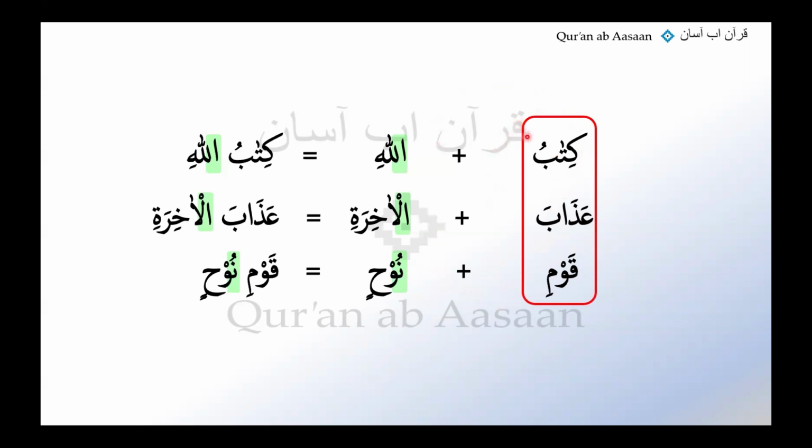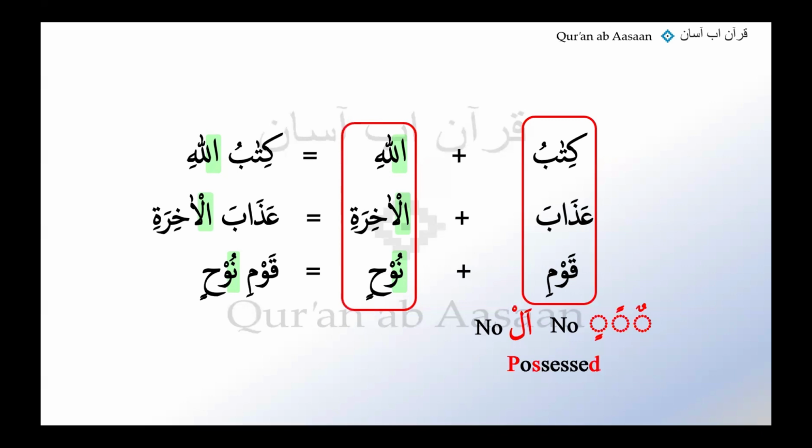It has no al, no tanween, and we call it what? A possessed noun. They are possessed nouns. And for the second ones, what was the common thing in all these examples? Each one of these, the second noun is in jar, and we call it possessor.